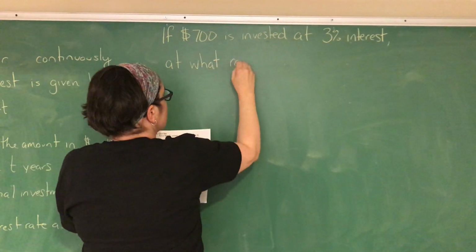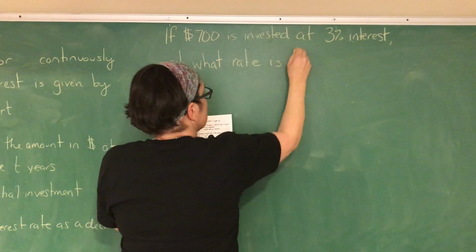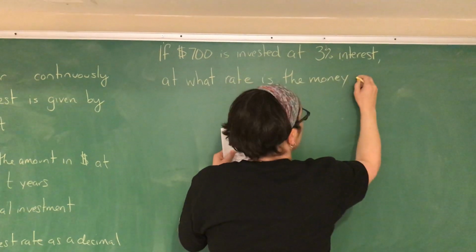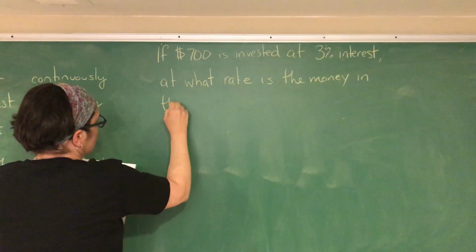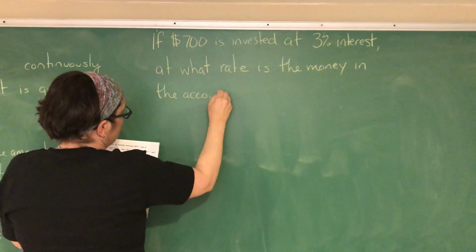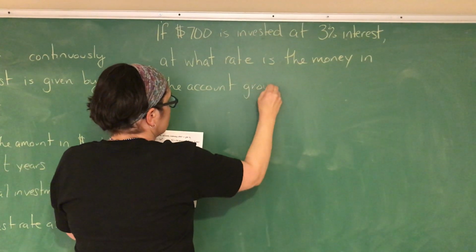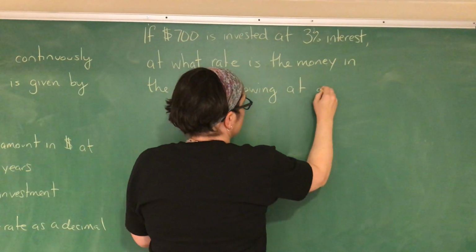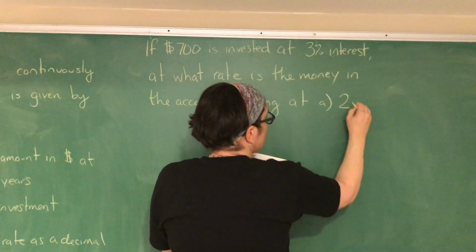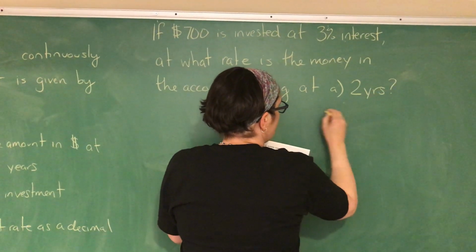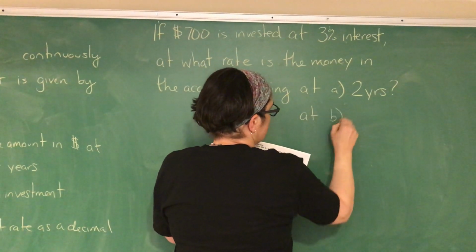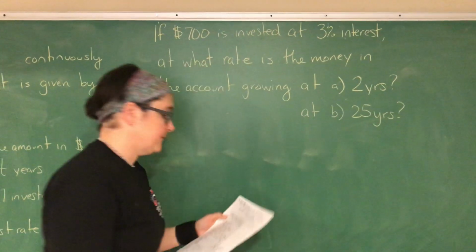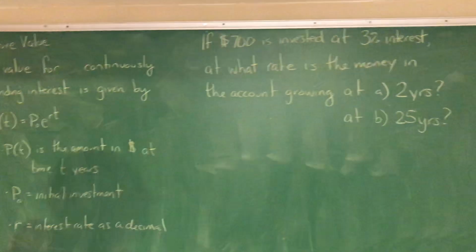At what rate is the money in the account growing at 2 years and at 25 years?